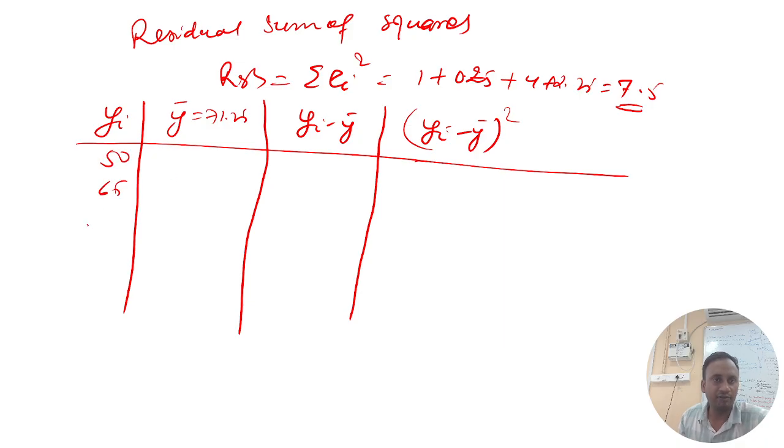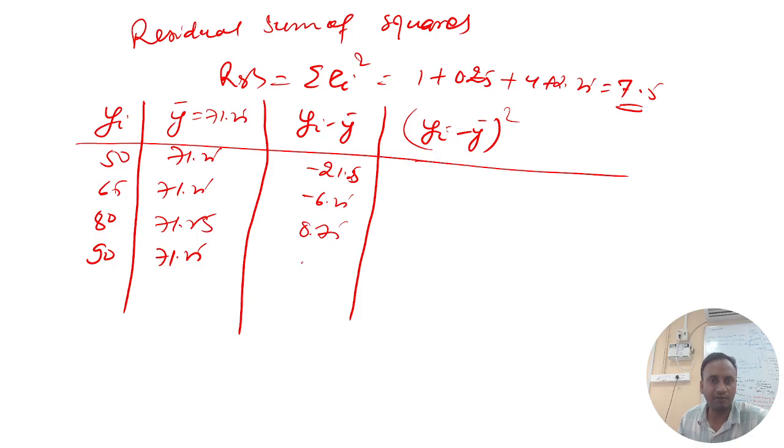The values are 50, 65, 80, 90, and Y bar is 75 because it will be constant for all. So we get 21.5 squared, 6.25, 8.75, 18.75. Then we get 451.56 to calculate the TSS.